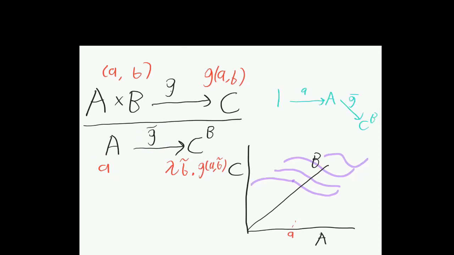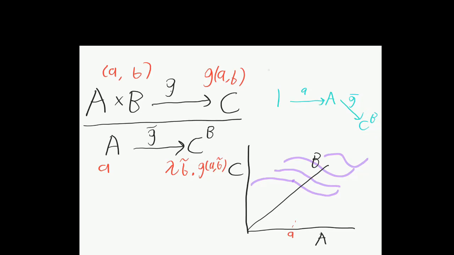Think about that composition, well, here we've picked a particular point of A, and then we're doing this G bar on that point, and so that's going to yield a point of C to the power of B. And so in this particular case, we can actually get some rather nice kind of geometric idea about what's going on, okay?